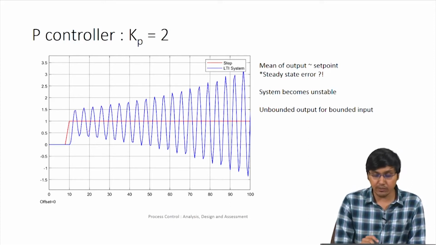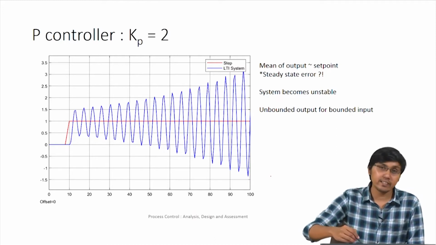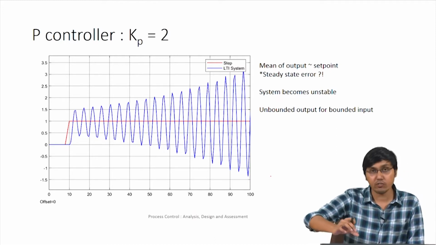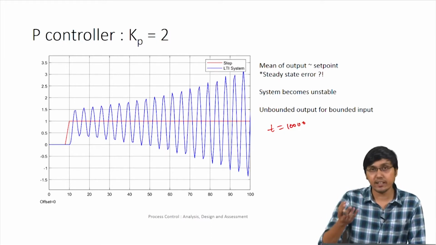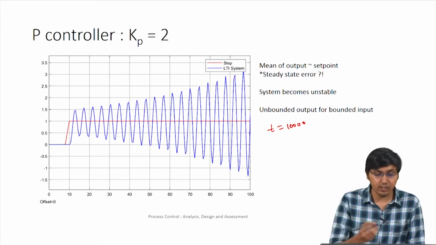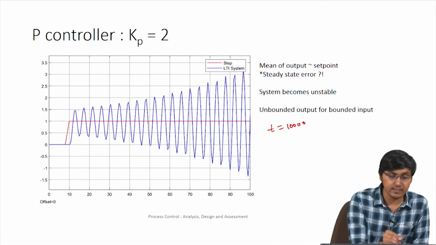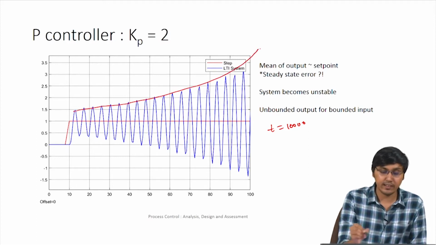As time increases it keeps oscillating, and the amplitude of oscillations keeps increasing. If I ask you the amplitude at time equal to say 10,000, it may be in the hundreds or even thousands. Another thing we can see here is that this is not a straight line; it is an exponential increase.